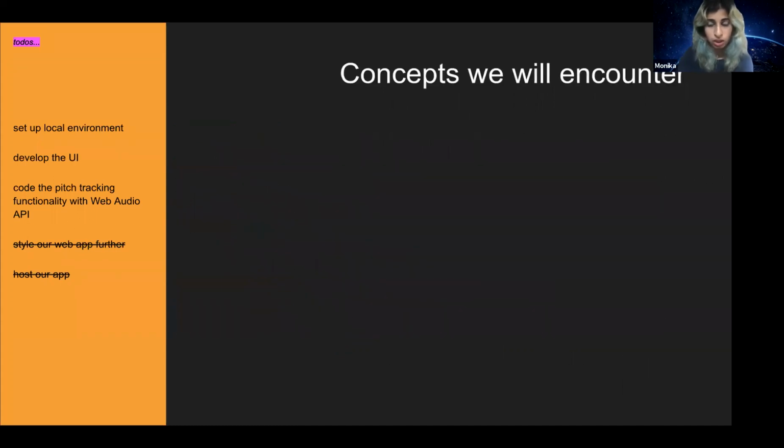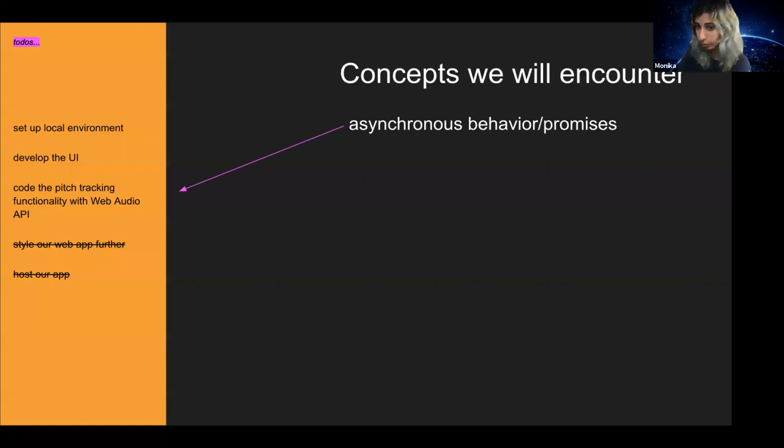And then here are a few concepts we'll encounter along the way. This isn't a single page app with React or Vue or a JavaScript framework or anything, but we're still going to be encountering complex concepts like asynchronous behavior or promises in JavaScript. We're going to be handling button toggling state and figuring out the best way to do that with JavaScript.